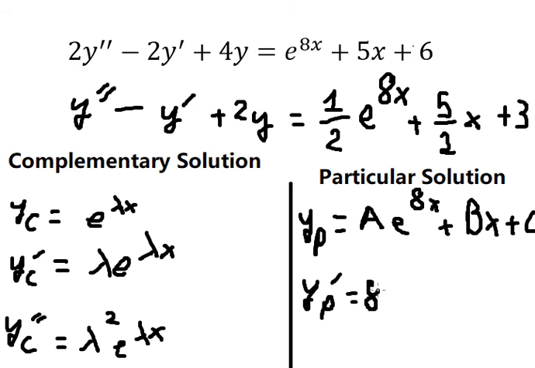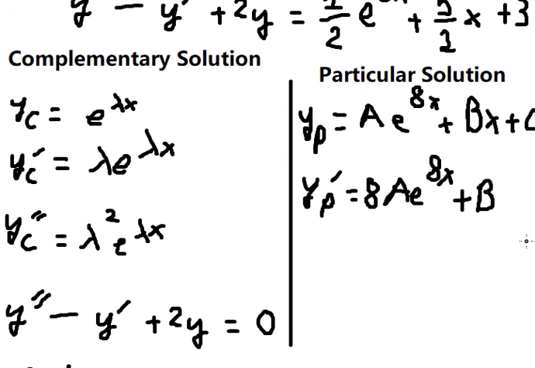We have Aa e to the power of ax. First derivative of x, we have number 1, so we have B. This one is the constant, so you get 0 in here.